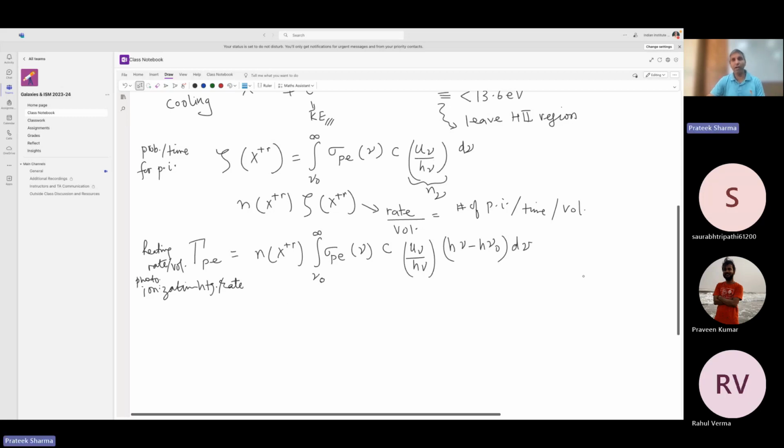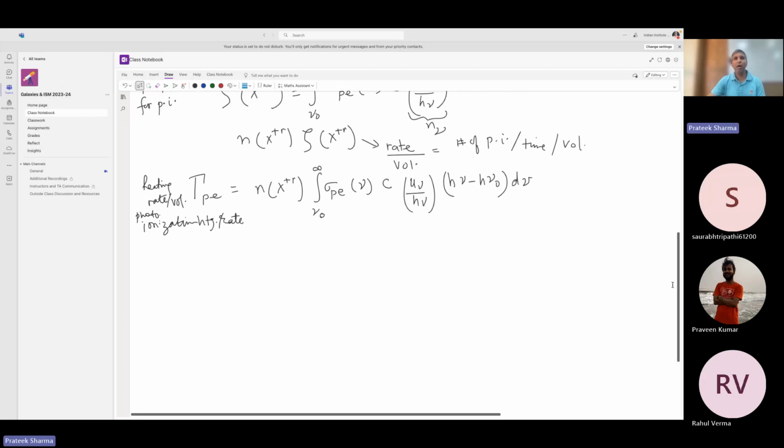And at all times, we are assuming ionization equilibrium, right? The rate of ionization equals the rate of recombination.